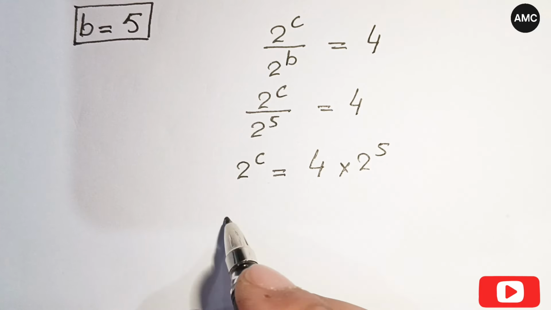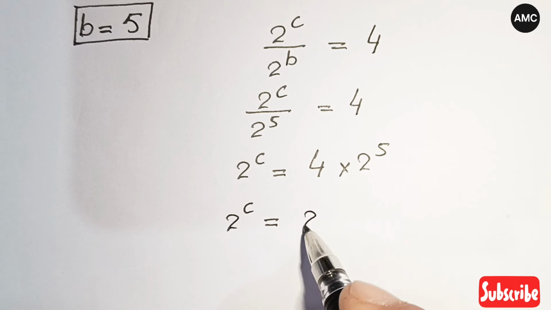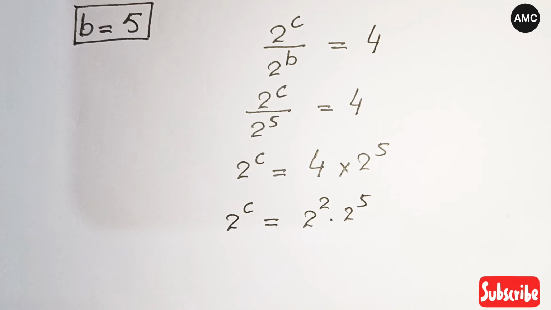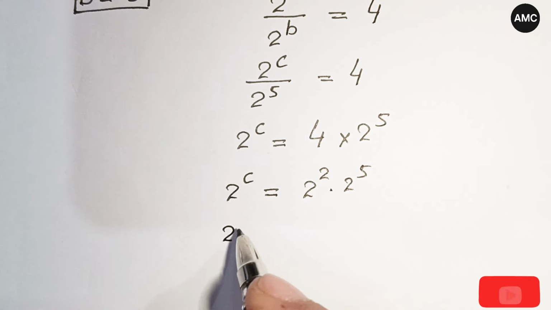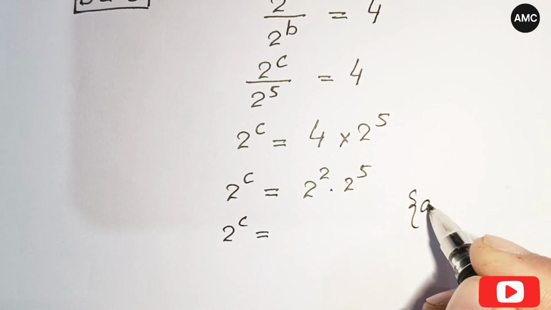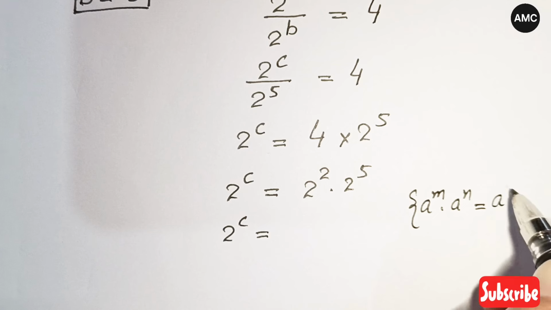Here we have 2 to the power c is equal to 4, which can be written as 2 squared, times 2 to the power 5. So here we have 2 to the power c is equal to, applying this property, if we have a to the power m times a to the power n, it is equal to a to the power m plus n.